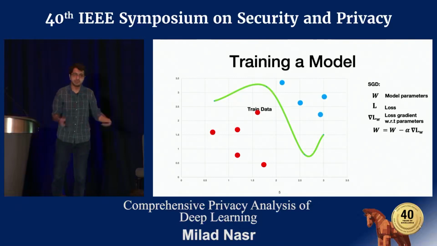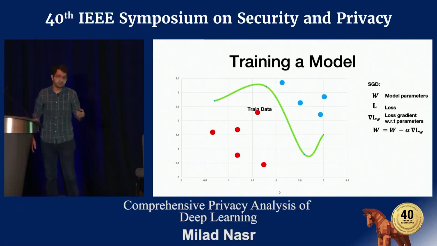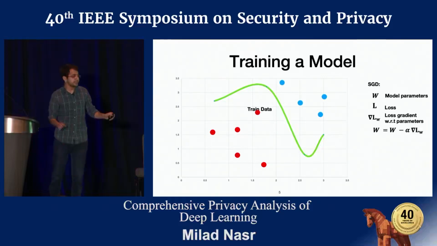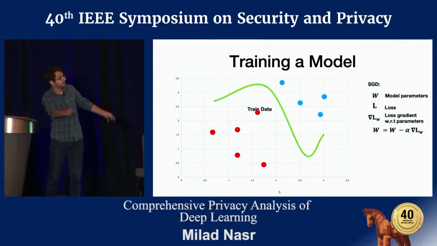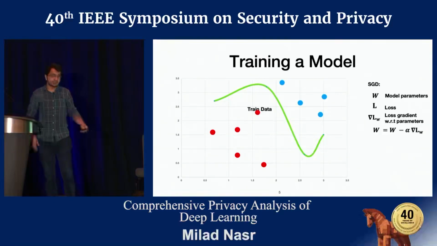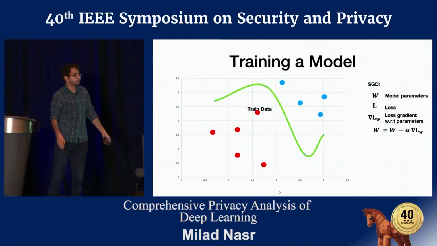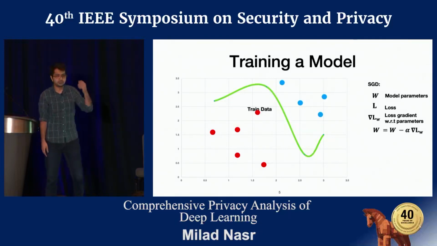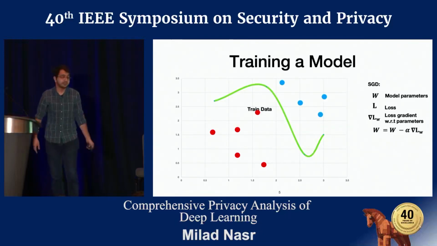You use some variation of the SGD algorithm to train your model. For this basic example, assume we have a hypothetical scenario with two classes, red and blue, and you use SGD for several steps and train the model, and this green line is your decision boundary after a few steps of SGD.